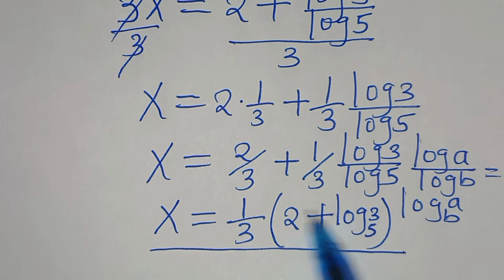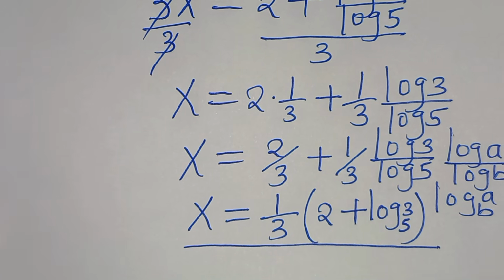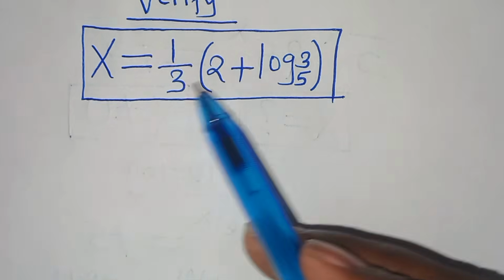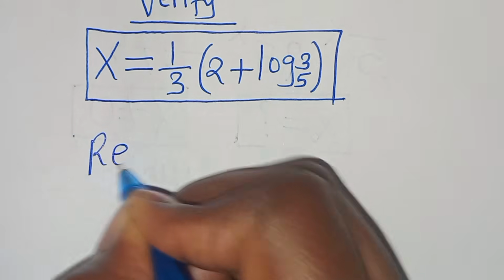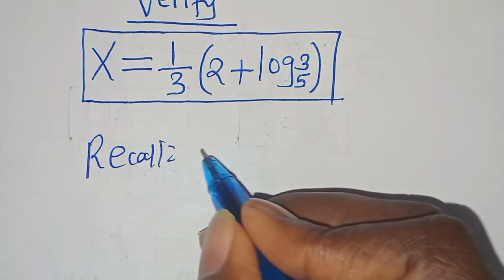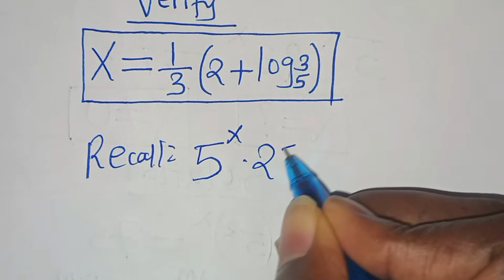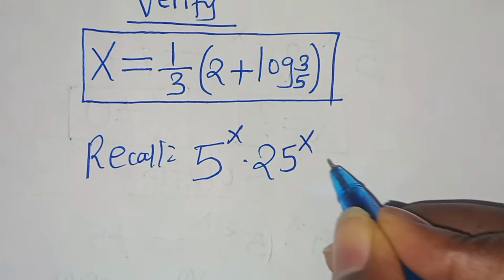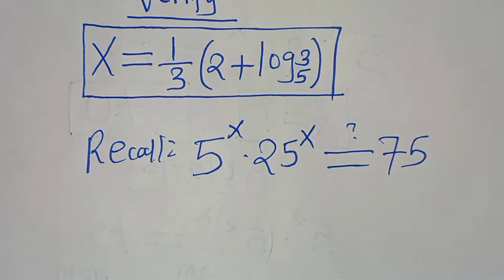The next step is to verify that this value of x satisfies the equation. Now if you recall, we had 5 to the power of x multiplied by 25 to the power of x. This is supposed to give us a value of 75.